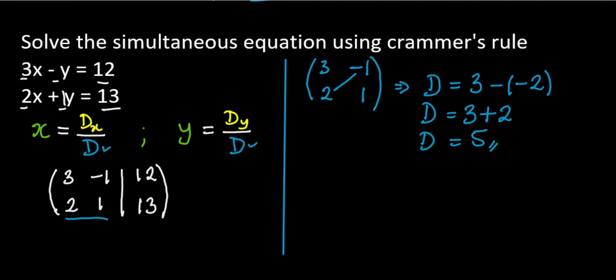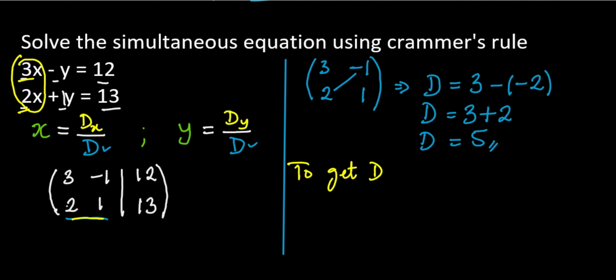The next one is to get the determinant for x. How do we get that? We go for the coefficient of x there. The coefficients of x are 3 and 2, and we replace them with 12 and 13, which are the constants.